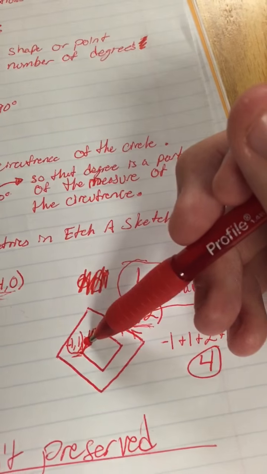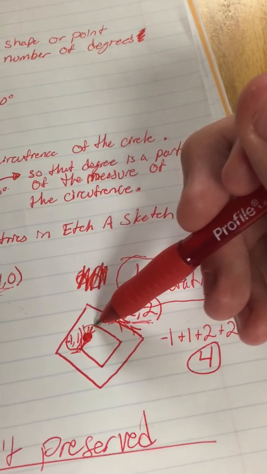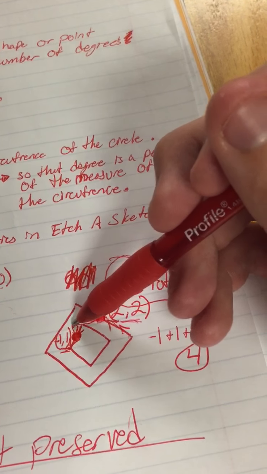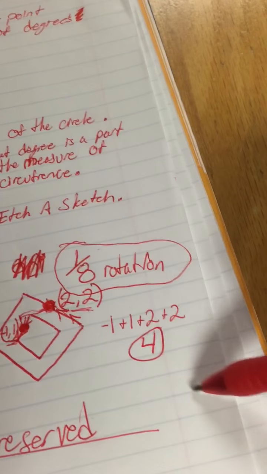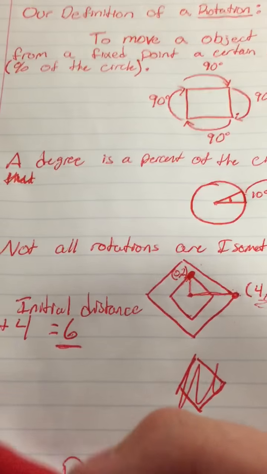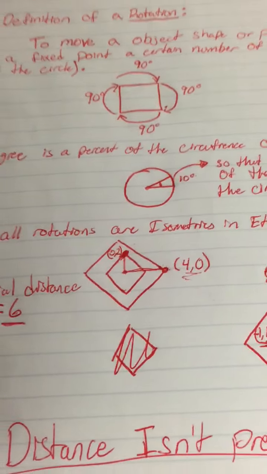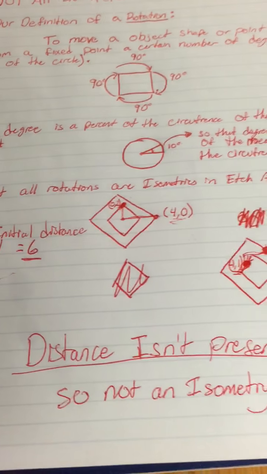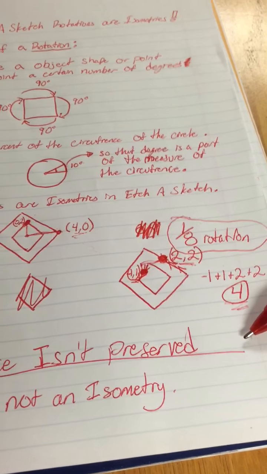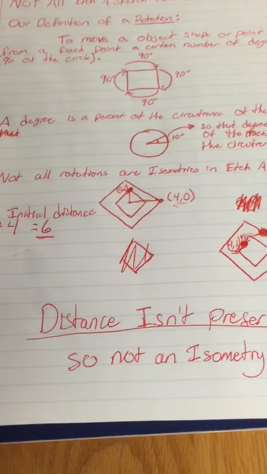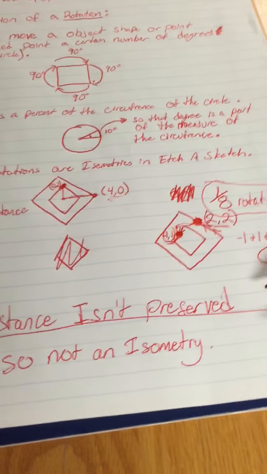Now, our distance, as you can see, has not been preserved, because the distance between these 2 points is now 4 instead of our initial, which was 6. So we can conclude that not all rotations are isometries in Etch-a-Sketch geometry, because the distance is not preserved.